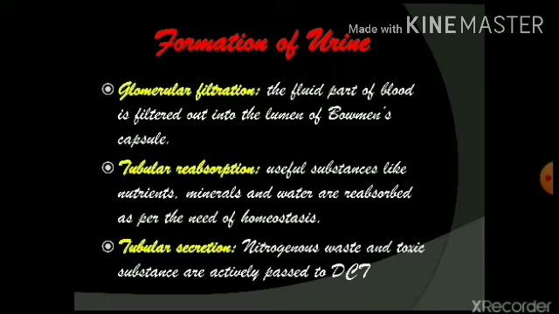The second one is tubular reabsorption. Tubular reabsorption is reabsorption of useful substances like nutrients, minerals and water as per the requirements of the body from the PCT, DCT and Henle's loop.